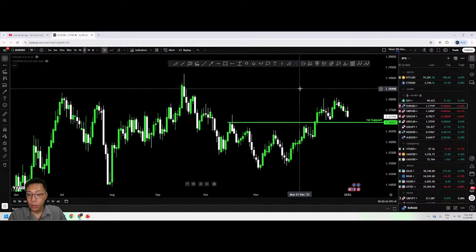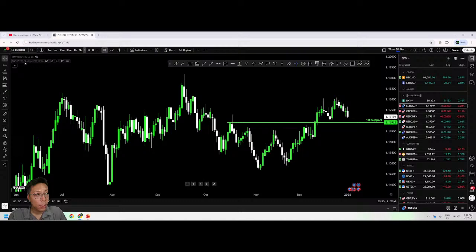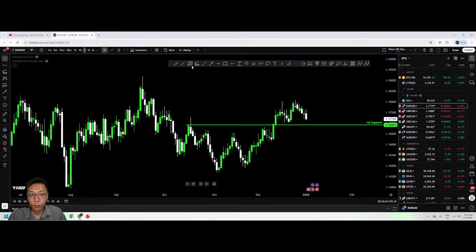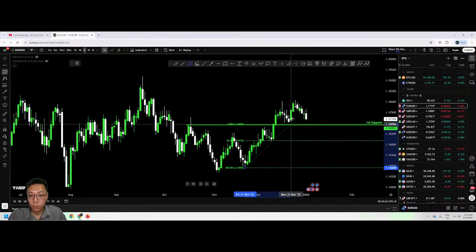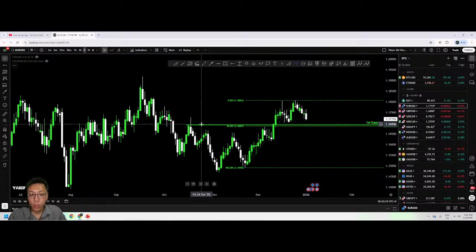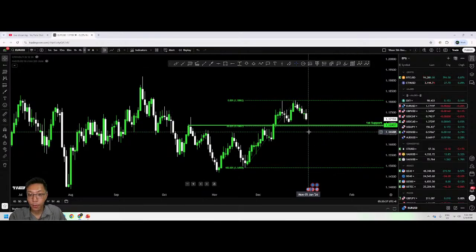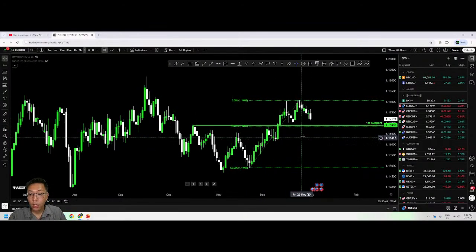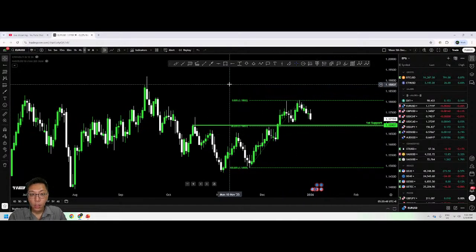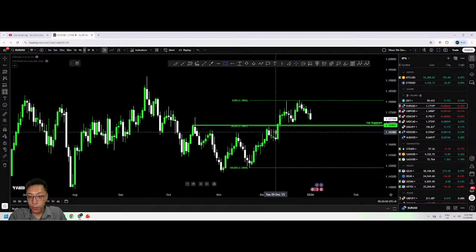So it will probably react to the 38.2% Fibo retracement level over here. This is what I am looking at. If you guys notice, there is also a fair value gap over here.